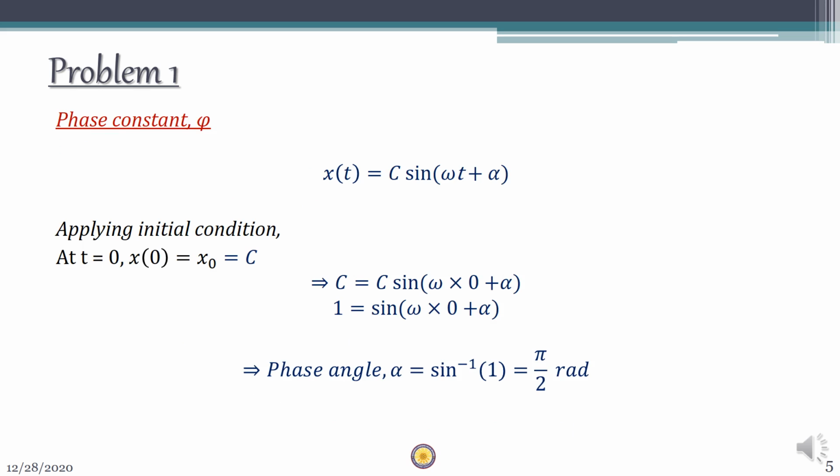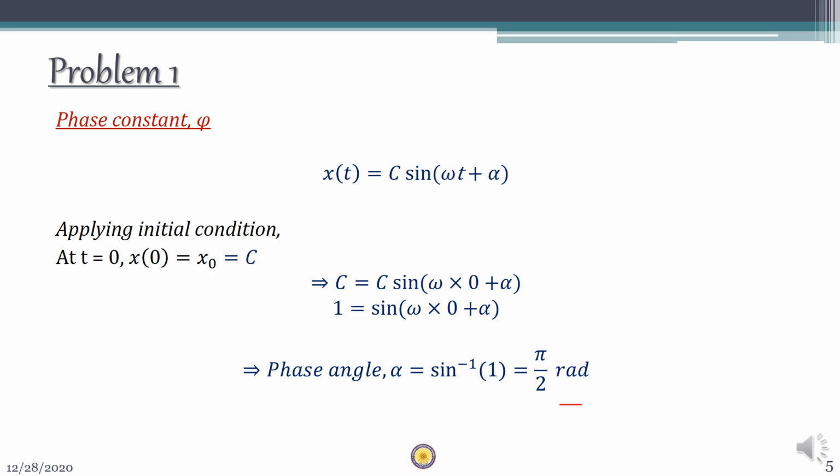Phase constant you could have found by using tan inverse of a by b, or tan inverse of y0 by v0 by omega, which implies alpha is equal to pi by 2 radians or 90 degrees. Also you could find the same thing by using the initial condition.